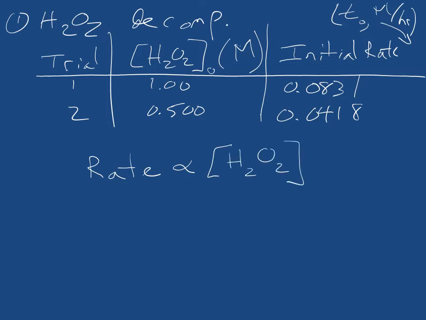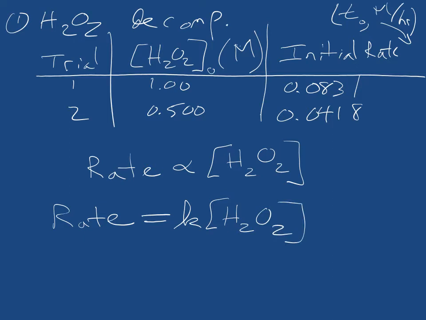And to make this an equality, rate equals the rate constant times H2O2 raised to some power, which we call the order of reaction. In this case, it is both the overall order, because there's only one reactant, and the order with respect to hydrogen peroxide. There's only one reactant. So this is the order of reaction, or it's actually better just called reaction order.